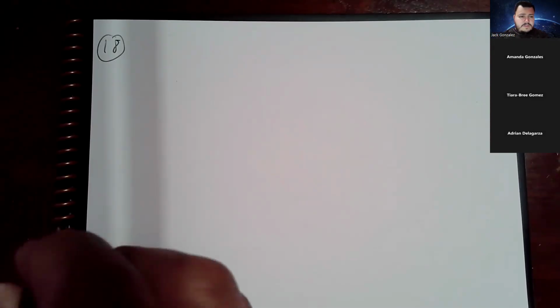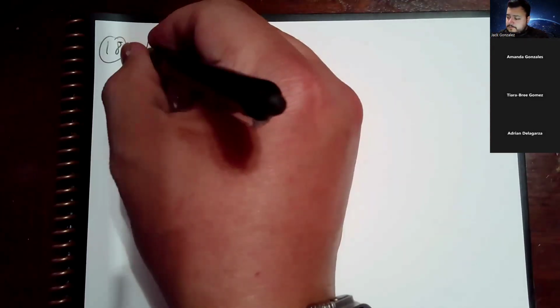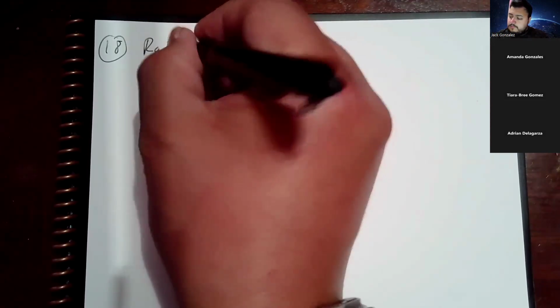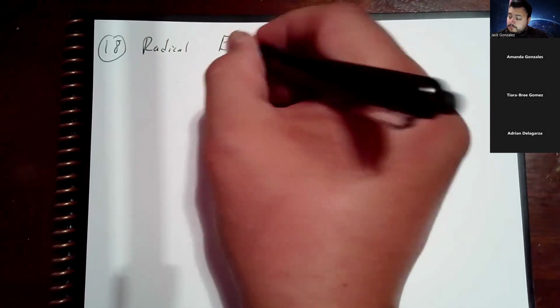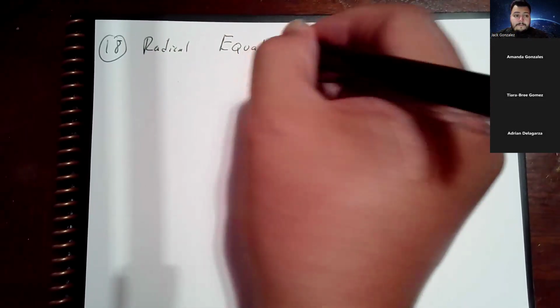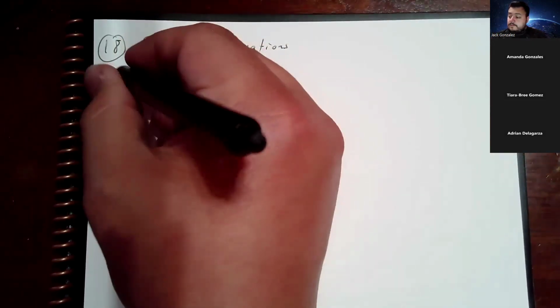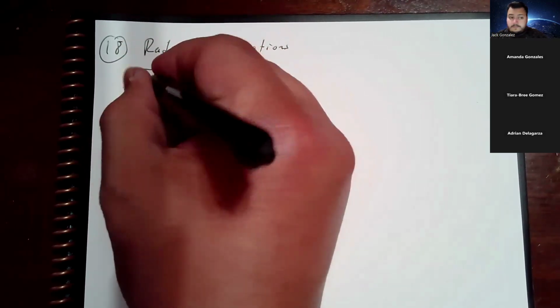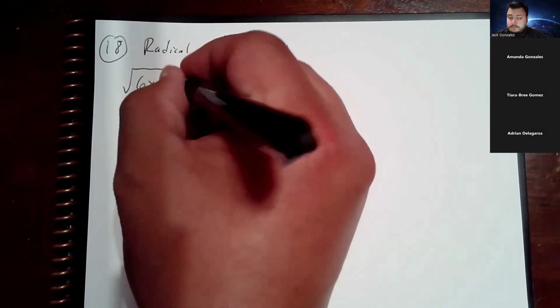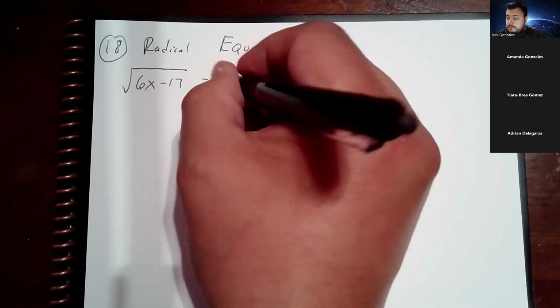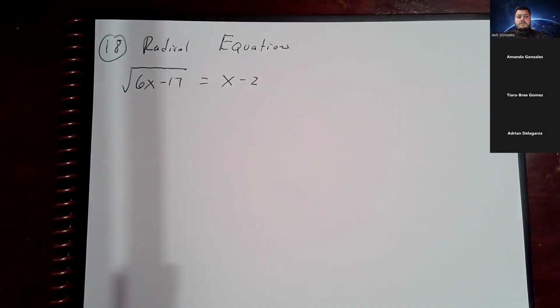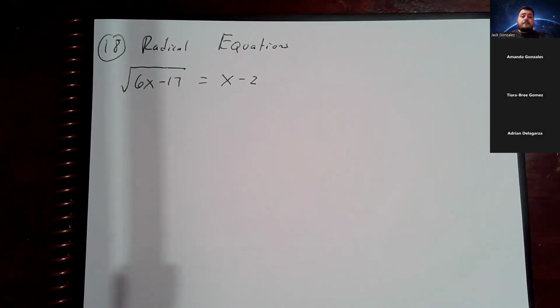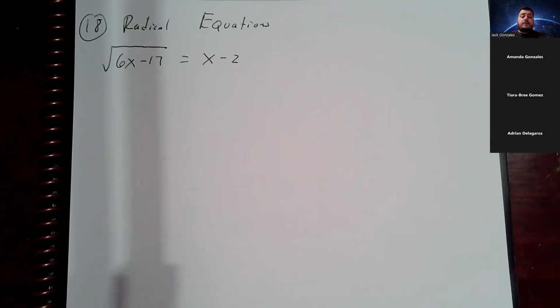All right, so this is the radical equation type. So solve for x. Alrighty.